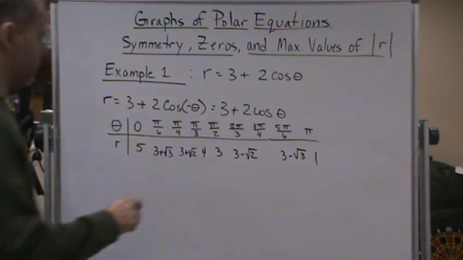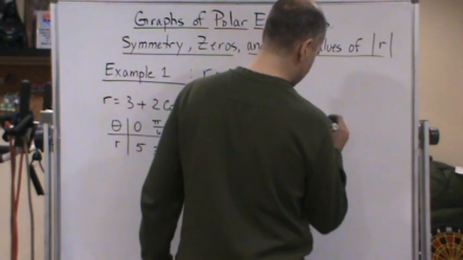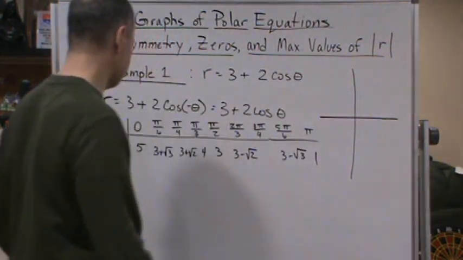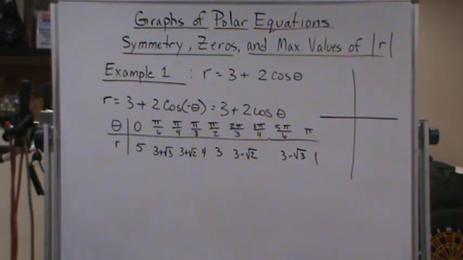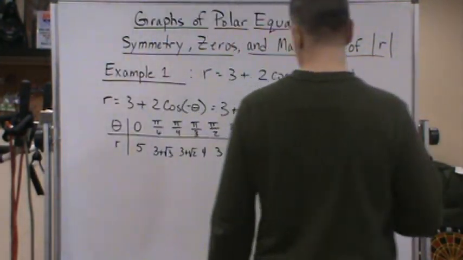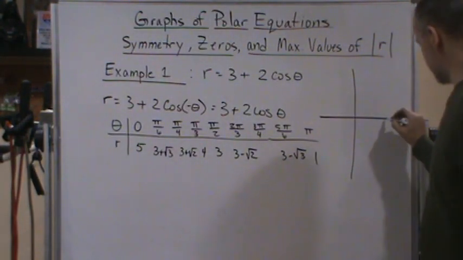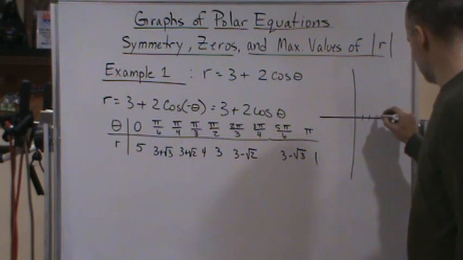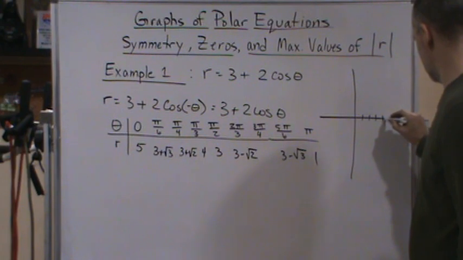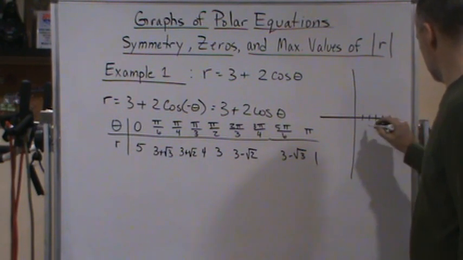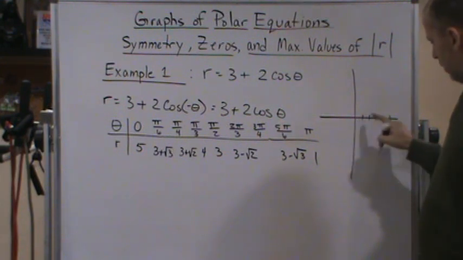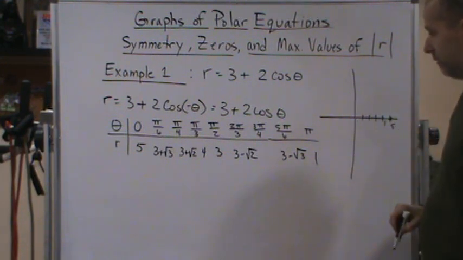So think about what's happening here. Let's plot this out here. So at 0, let's say 5 is out here. So when we're at 0, we're at 5.